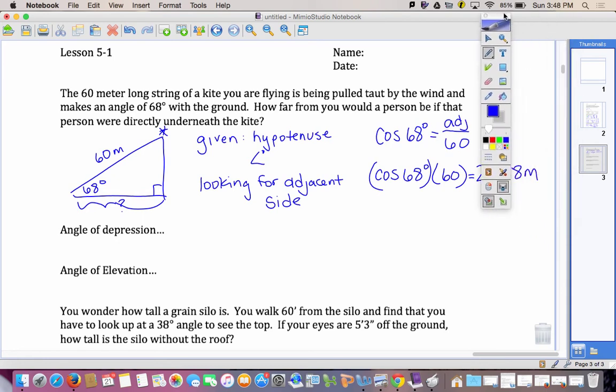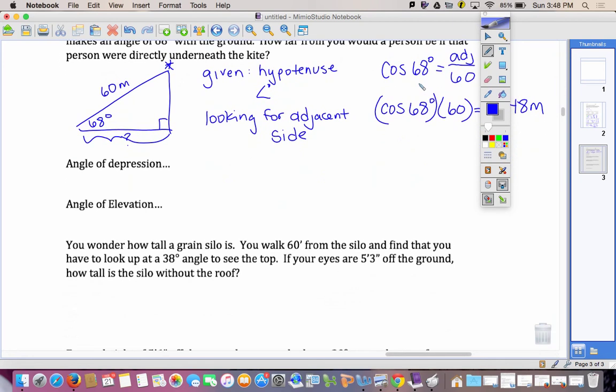So angle of depression and angle of elevation. What do they mean? Well, angle of depression is when you're looking out that it's decreasing. So the angle of depression to an object is the angle formed by the horizontal ray and the ray with the same endpoint that contains the object if the object is below the horizontal.